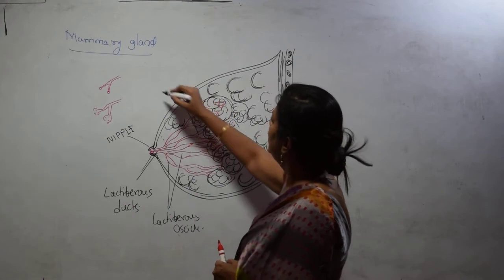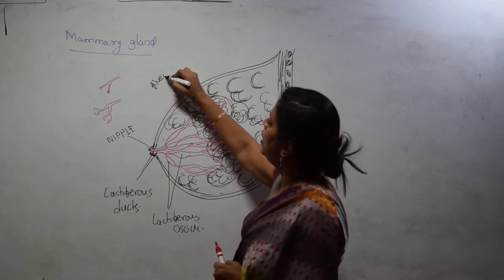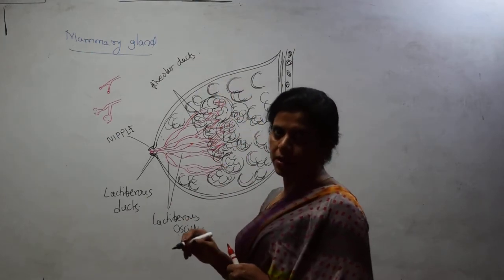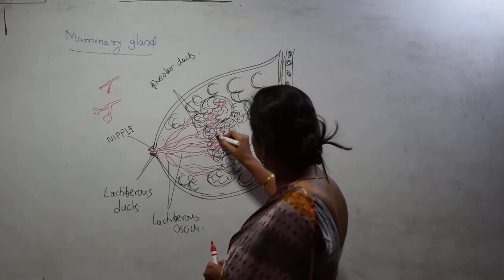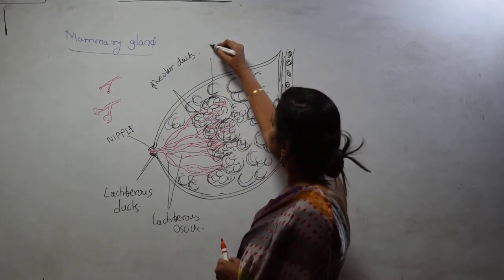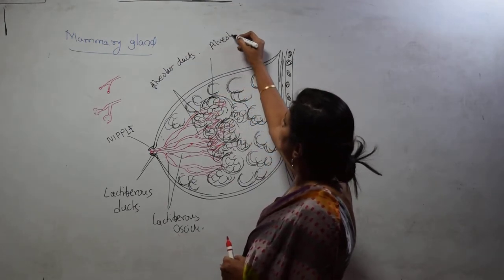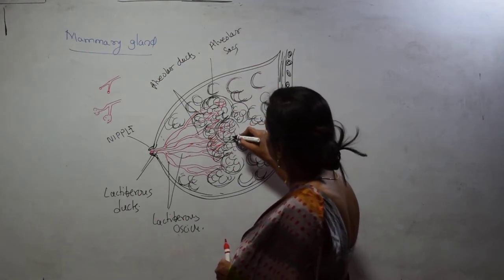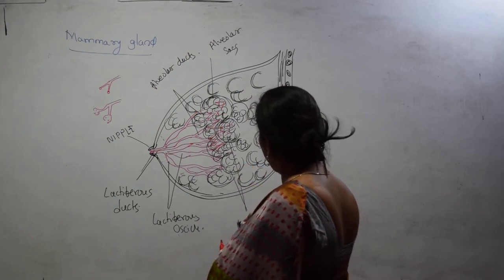These are the alveolar ducts or mammary ducts, and these are the alveolar sacs. And each one is the alveoli. In each one, this is an alveoli.